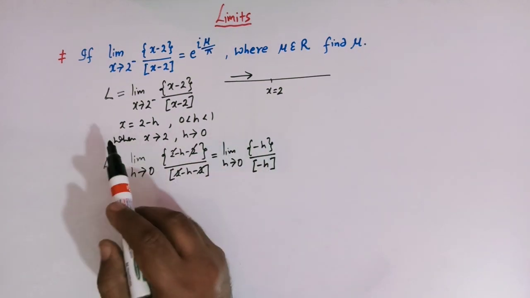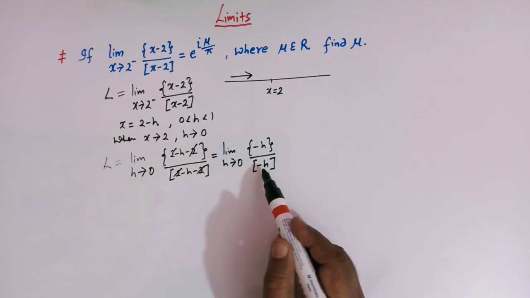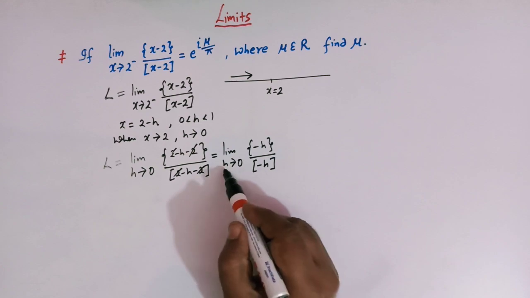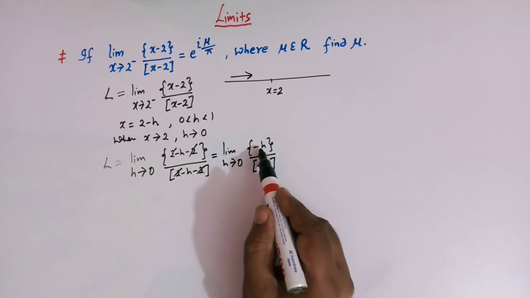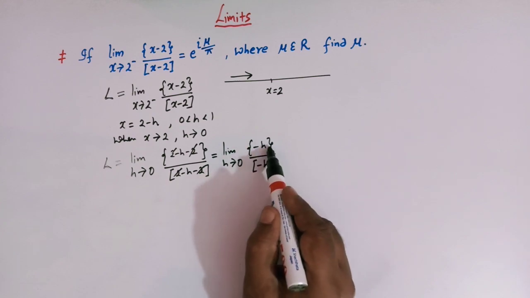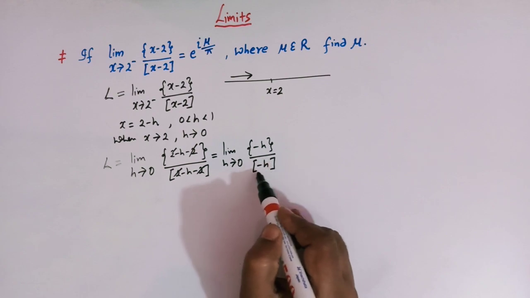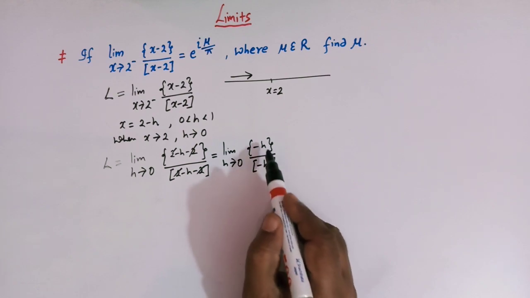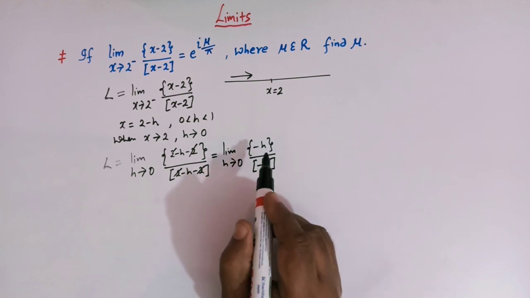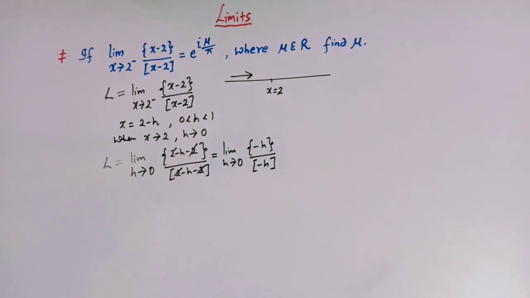Okay, so now we have simplified this limit to this form, and here we cannot directly substitute the value of h is equal to 0 in this expression, right? So in the numerator we have the fractional part function, and in the denominator we have the greatest integer function. So we'll here make use of the definition of fractional part function and greatest integer function.